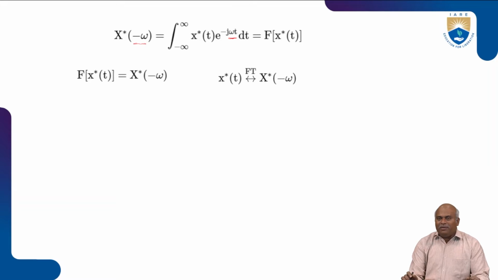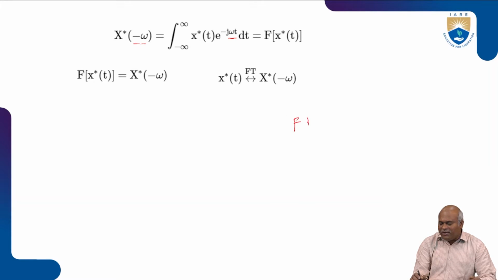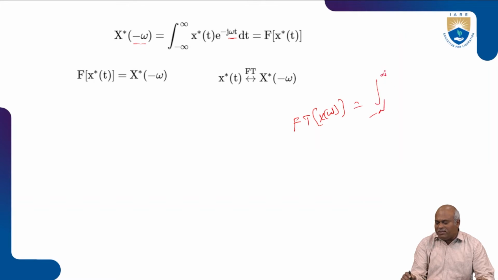As per the statement of the Fourier transform, the Fourier transform of x of omega is equal to the integral from minus infinity to plus infinity of x of t e to the power of minus j omega t.